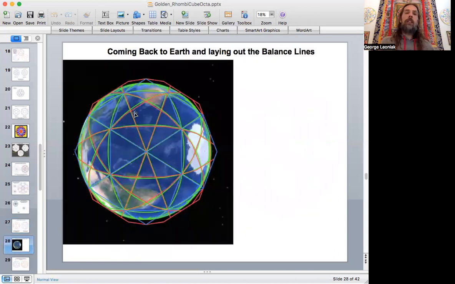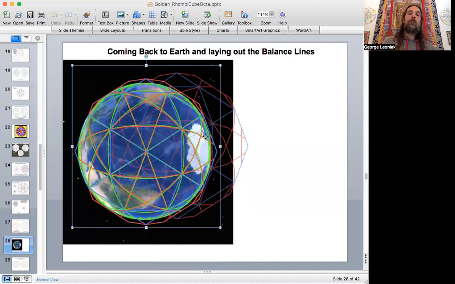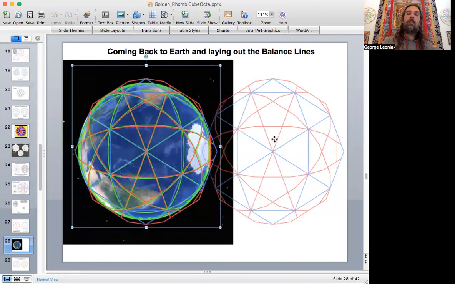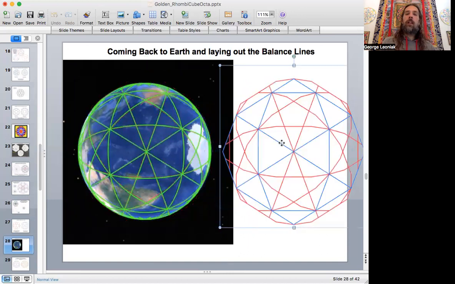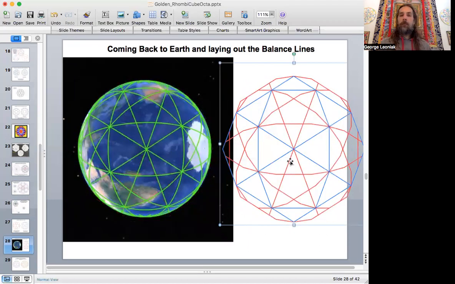And these lay really nicely over what's called the balance lines within the Earth grid model, which really gives you the pentagon and the star within the pentagon. So this is, let me just move that one to the side there, and you could see the overlaying of the crisscrossing of the lines of how they fit.